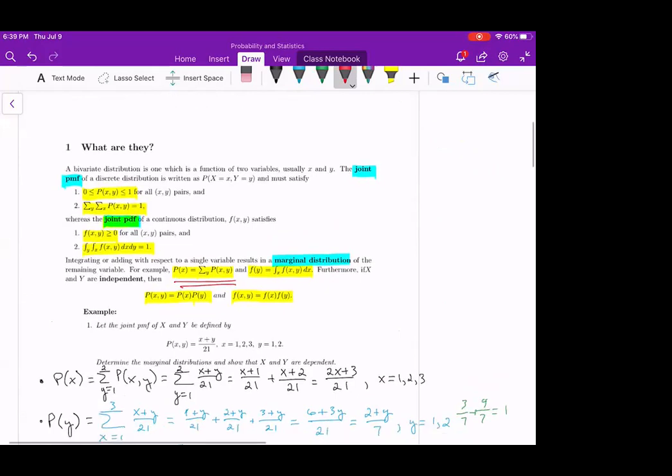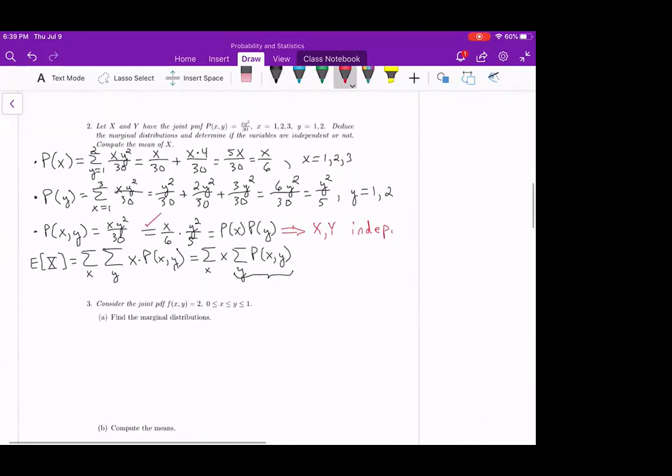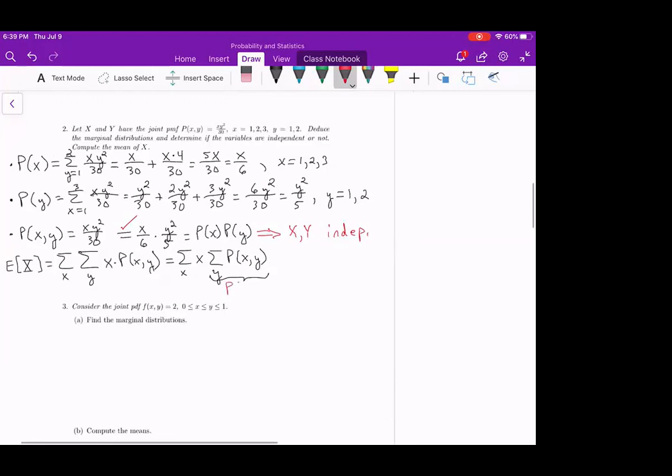And so when you sum out y, there's no y's left, and you're left with a function of just x. So this is P of x. And what's neat is that you now have a form that you guys have seen before that's less complicated.